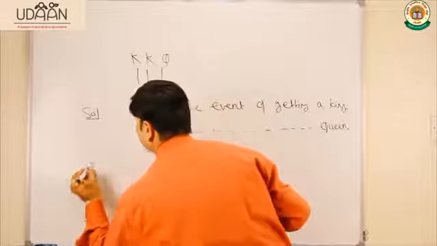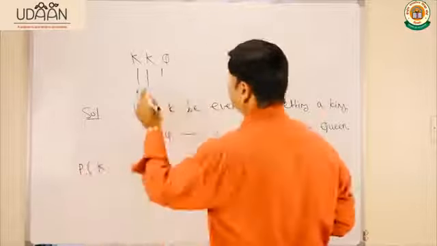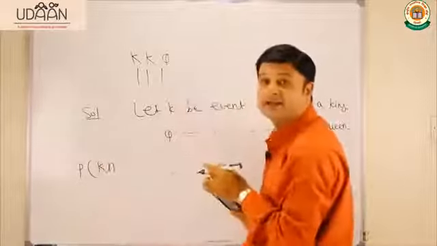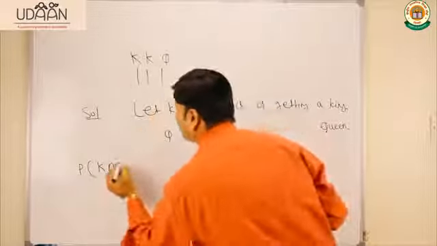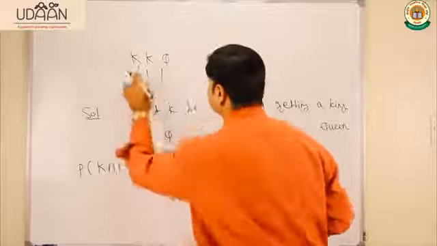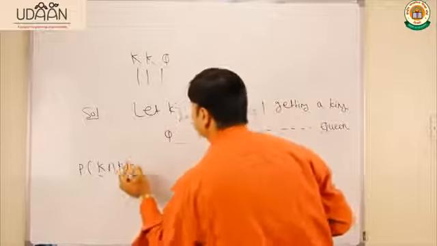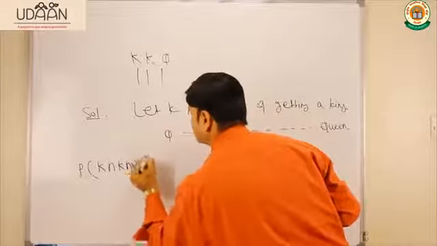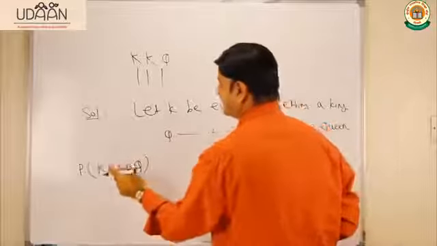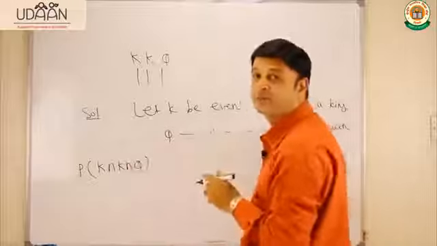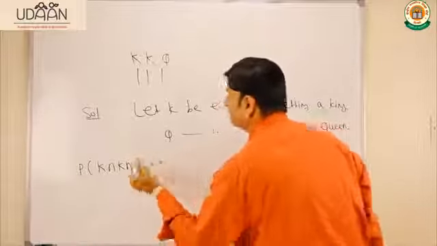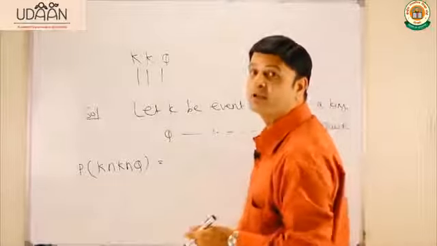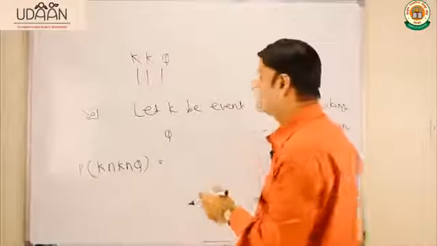So I can say I have to find out first one is king, means first event K should occur, and intersection, I want again king means I want again event K, and then I want queen means I want event Q. So I have to find out K intersection Q, and with the help of formula that I have discussed just now, I hope you remember, that is known as multiplication formula.